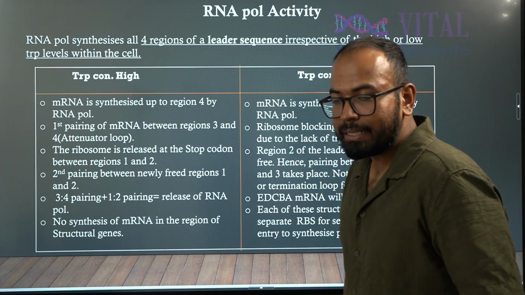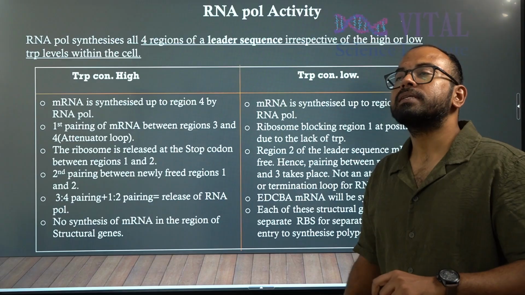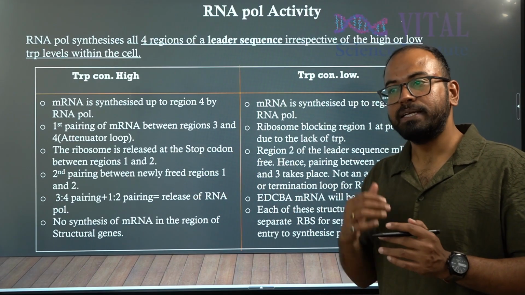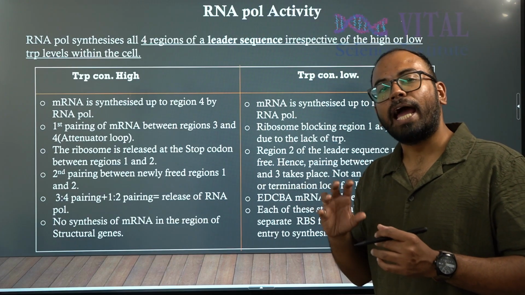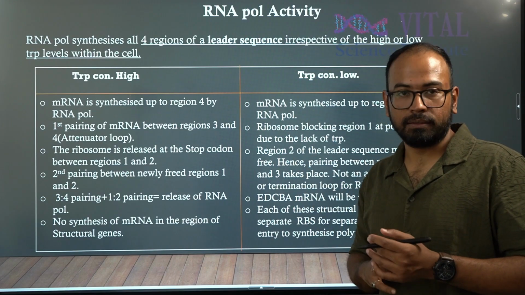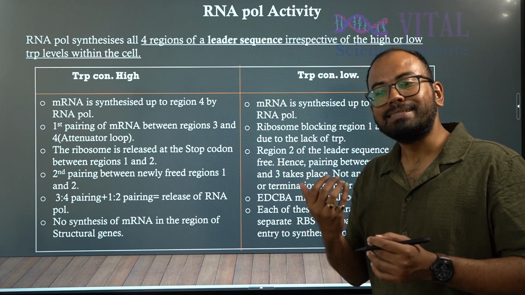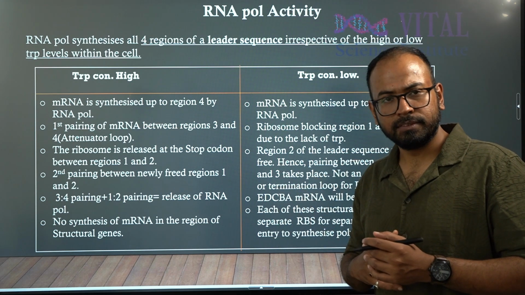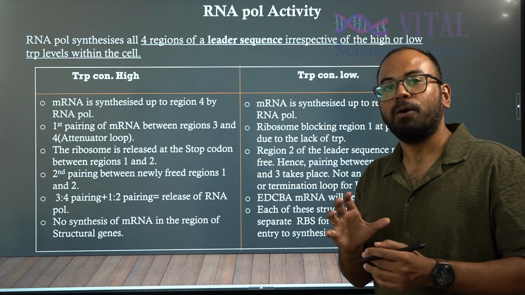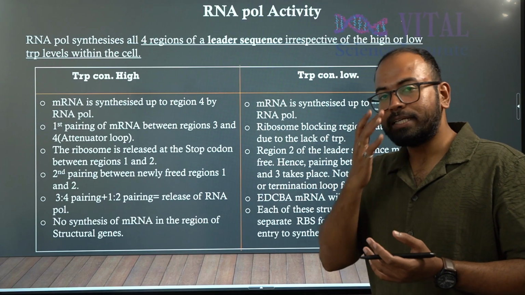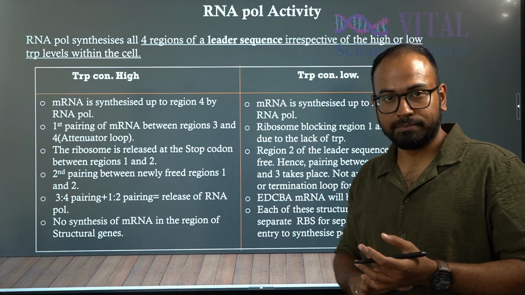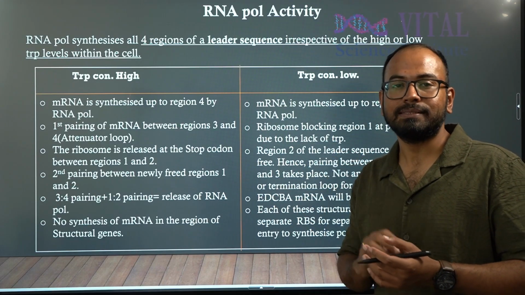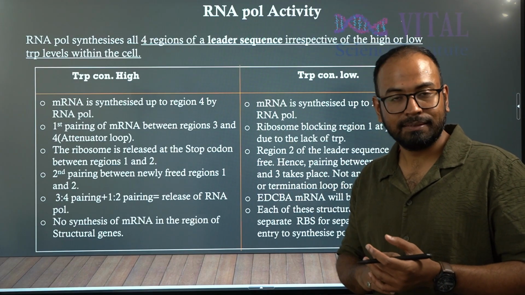Now, another question that can occur: suppose we have our mRNA. Some aspirants might think that the ribosome is already blocking region 1. Then how come these EDCBA structural genes are to be synthesized? Very important question. We have to understand that the mRNA of all these structural genes bears RBS sequences, that means ribosome binding sites.